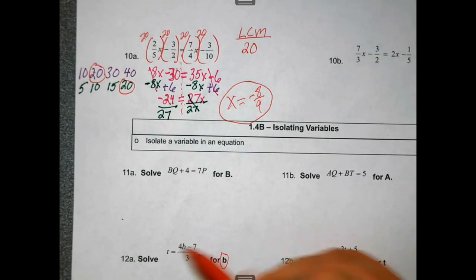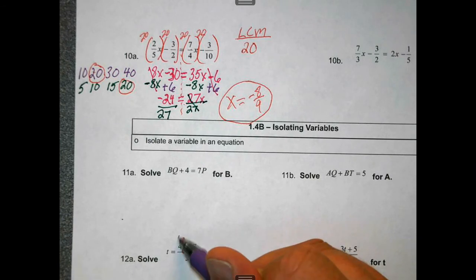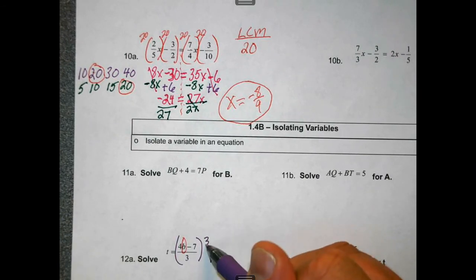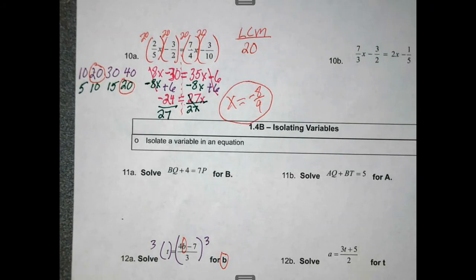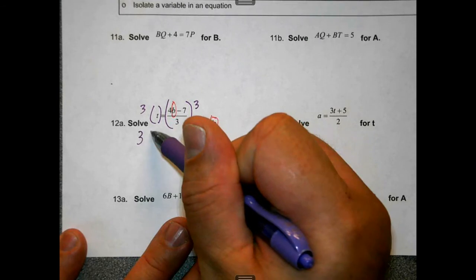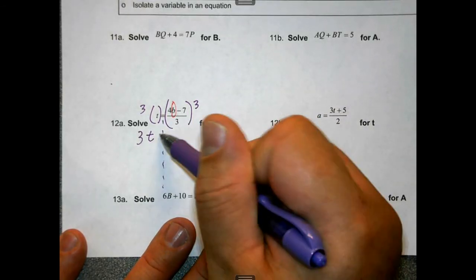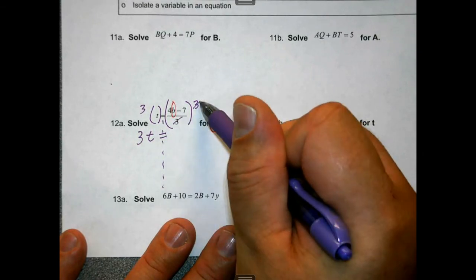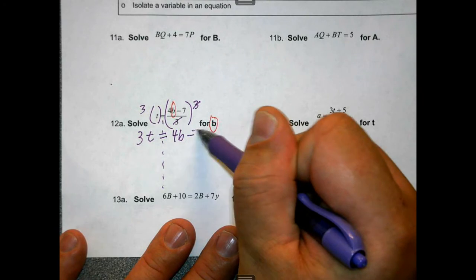Here we're looking for b. I have a fraction here. I have to get rid of that denominator. So I'm going to multiply both sides by 3, right? So I have 3t equals, these 3's cancel, and I have 4b minus 7.